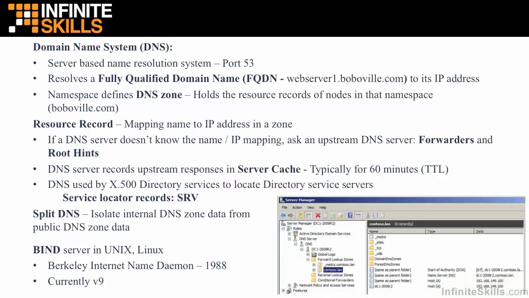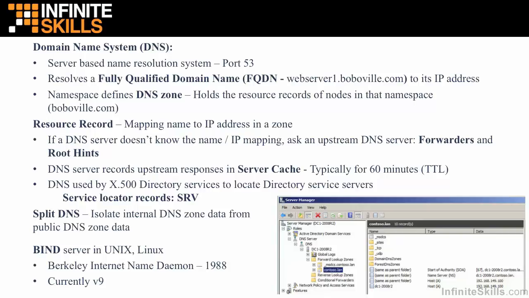Now, if a DNS server receives a query for a name it doesn't know, specifically a namespace it doesn't know, then that DNS server has the potential, if it's configured to do so, to ask an upstream DNS server. There are two different processes. These are called either forwarders, where we configure the server, if you don't know a name, go ask that DNS server, or the root hints.